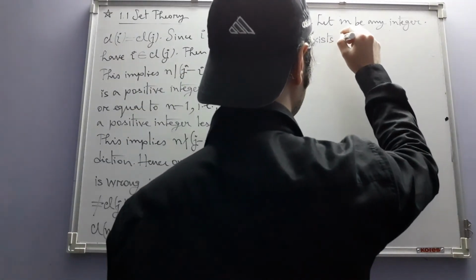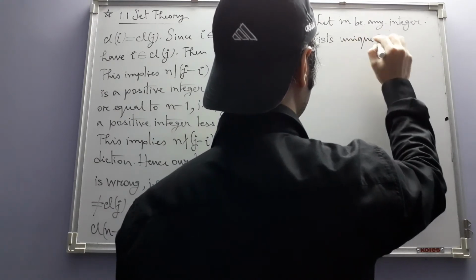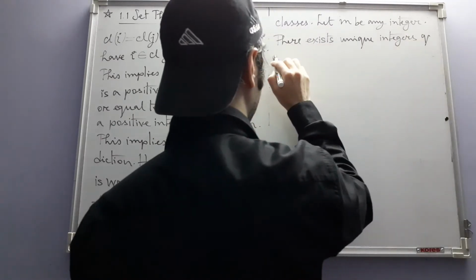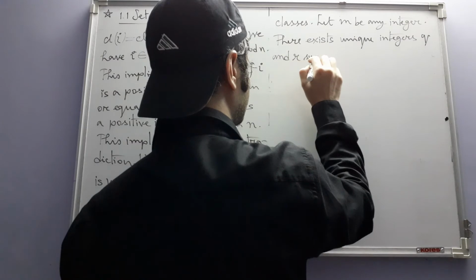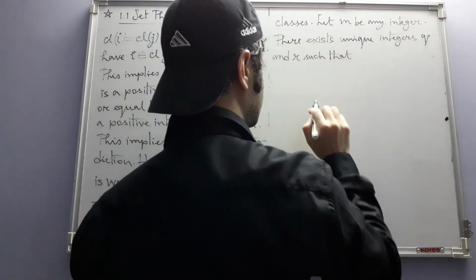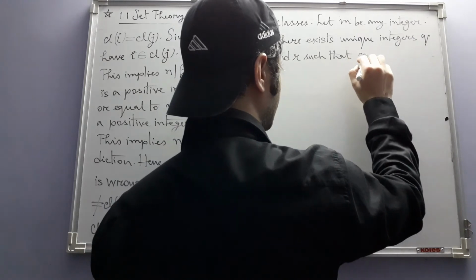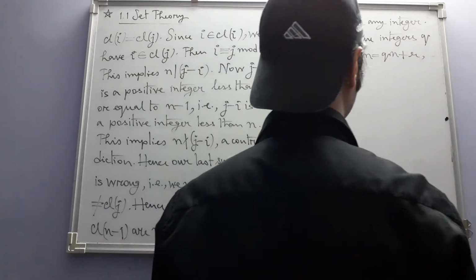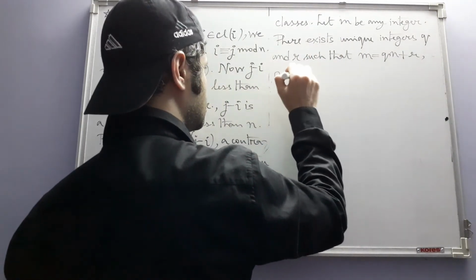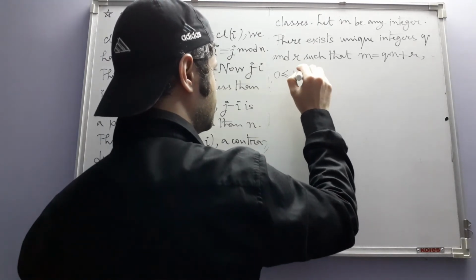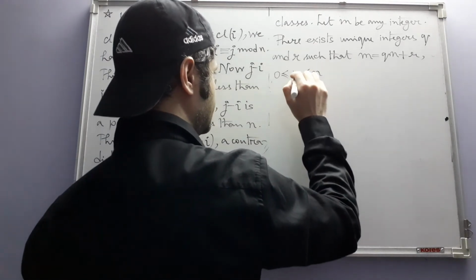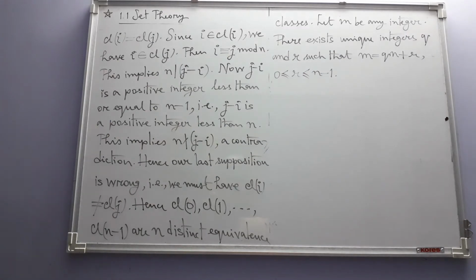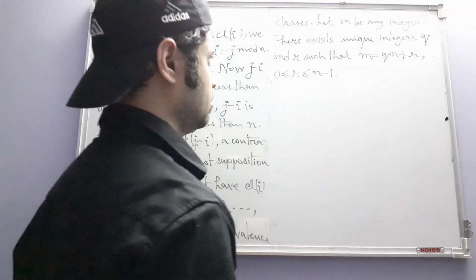So there exist unique integers q and r such that, dividing m by n, m is equal to qn plus r, where q is the quotient, r is the remainder, and the remainder lies between 0 and less than n, but for convenience I am writing less than or equal to n minus 1 because that's what it will be.